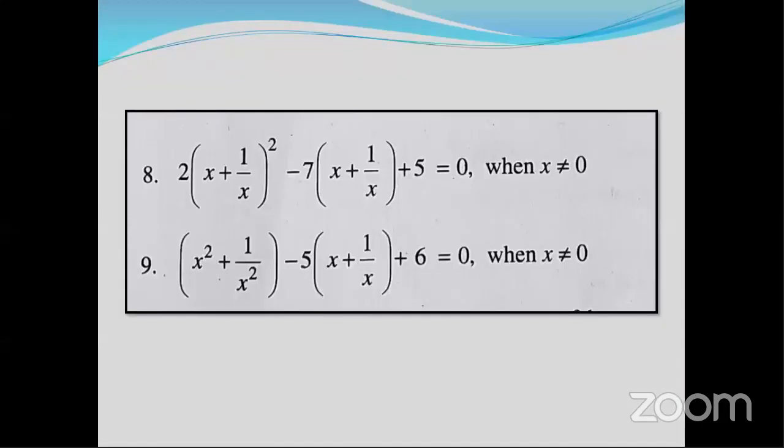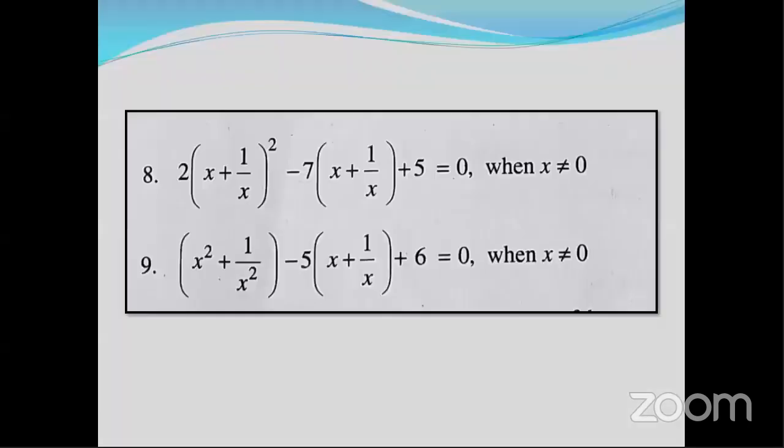Now here is a small practice work for you. Just look at your practice problems, children. In the bracket you have x plus 1 by x, isn't it? Now you can comfortably take that as k and start doing your problem.